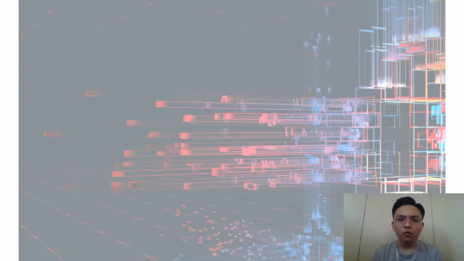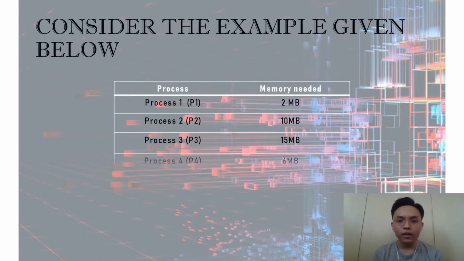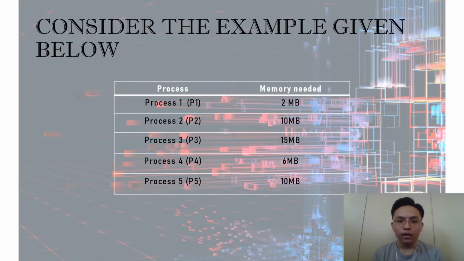So now let us move on to the practical part. Let us consider the example given below. In the table, there are 5 processes to be allocated using the first fit memory allocation algorithm.